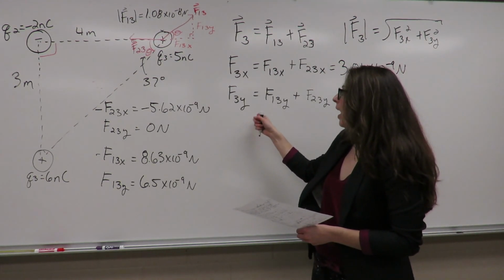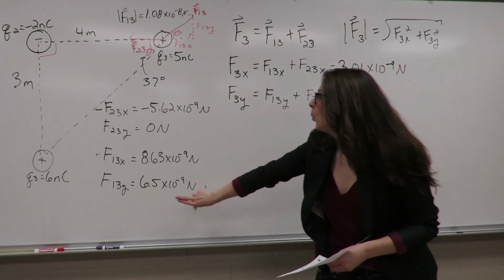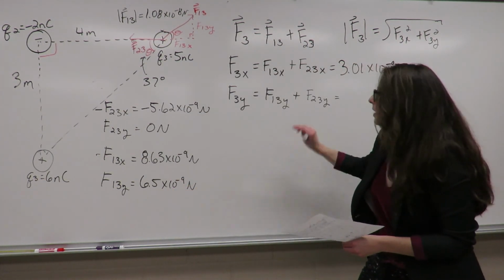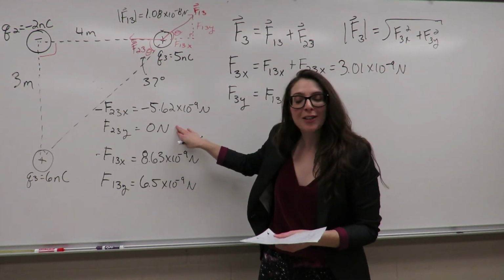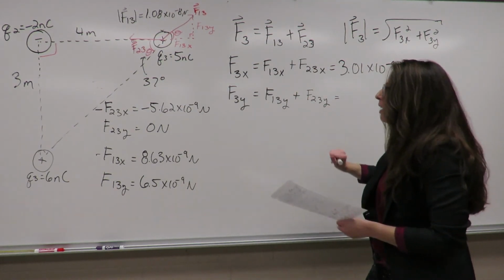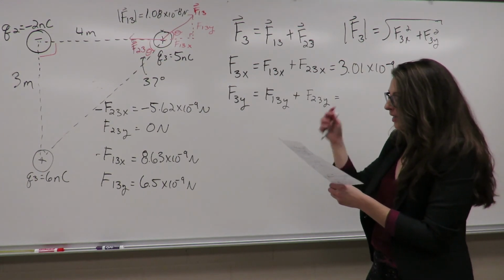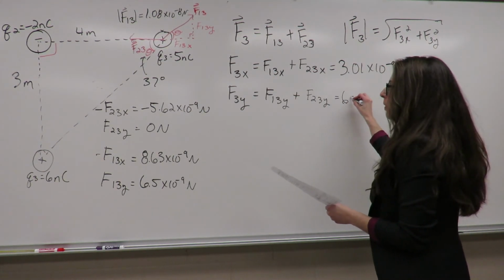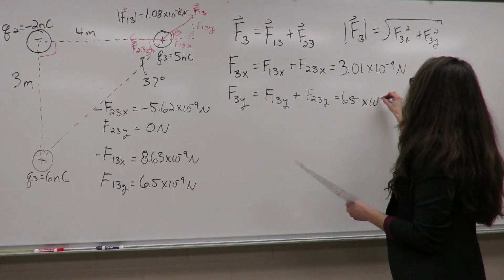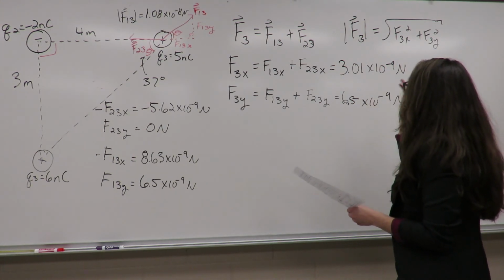And for F3y, if we take the sum of F13y plus F23y, which is actually 0, then we get over here that the component F3y is equal to positive 6.5 times 10 to the minus 9 newtons. Okay?